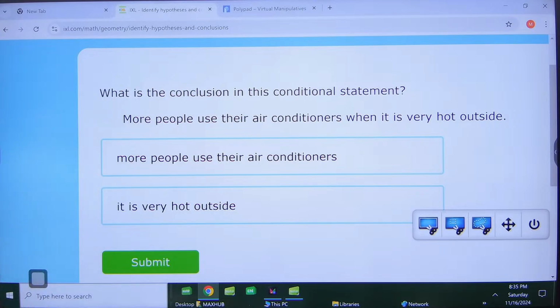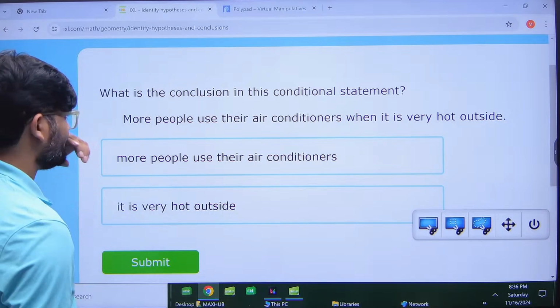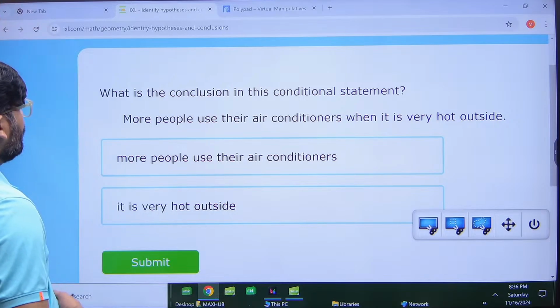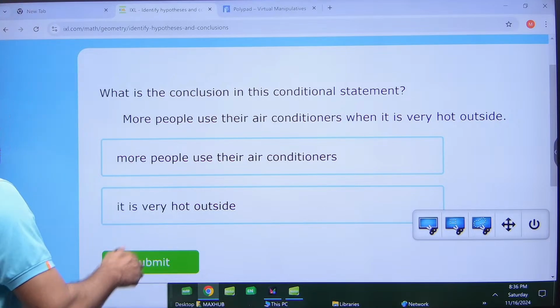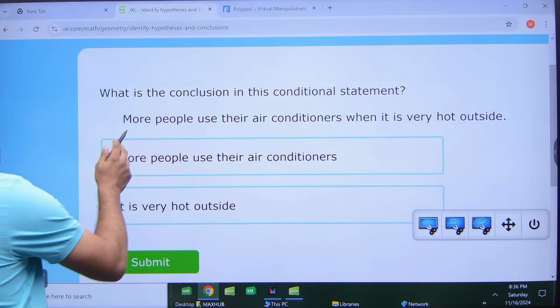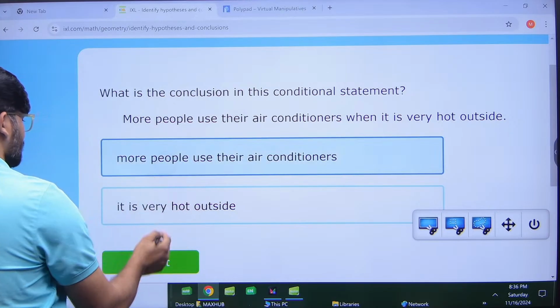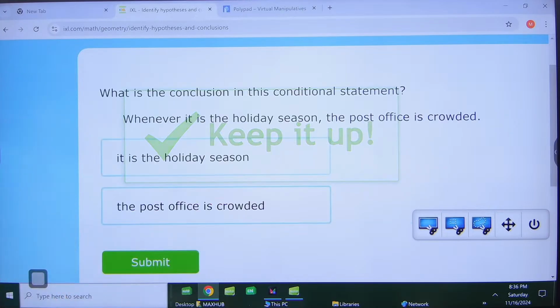More conclusion. More people use their air conditioners. Okay. What is the conclusion? So you say if it is very hot outside, more people use the air conditioners. Okay, keep it up.